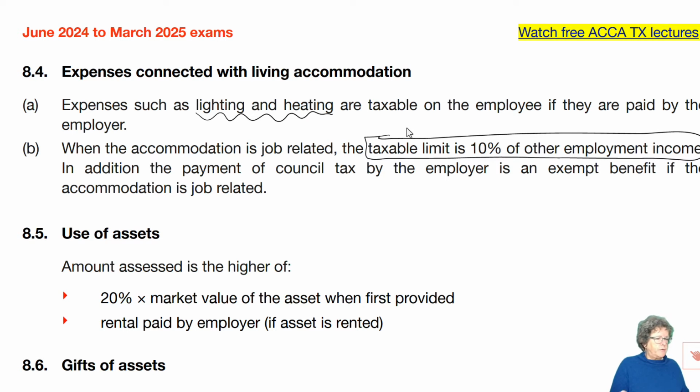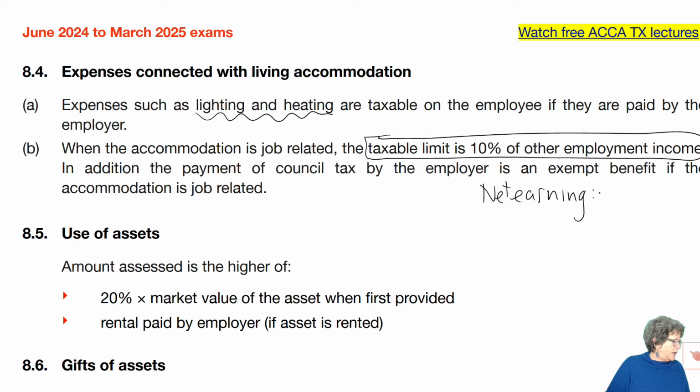Okay, now this other employment income, I'm going to quote this. 10%, the total accommodation benefit taxed on an employee is 10% of net earnings. That's the maximum. I'm quoting from my textbook here. I want to make sure that I've got this correctly because I've had a couple of questions about it in the past, so I just wanted to add it in here.